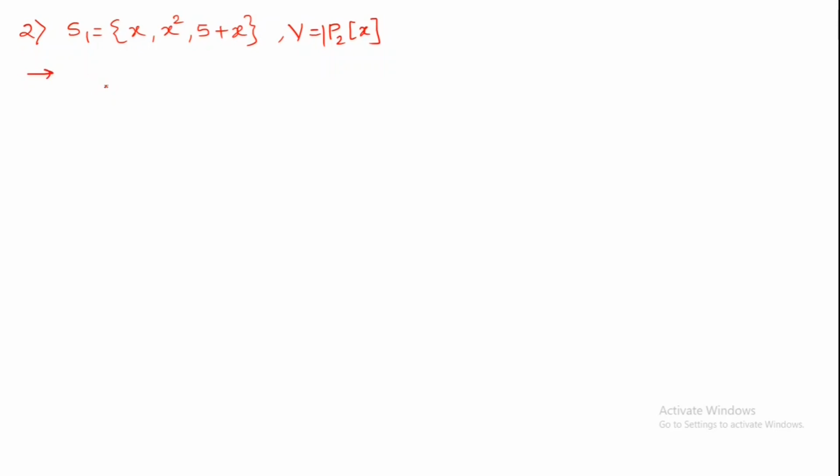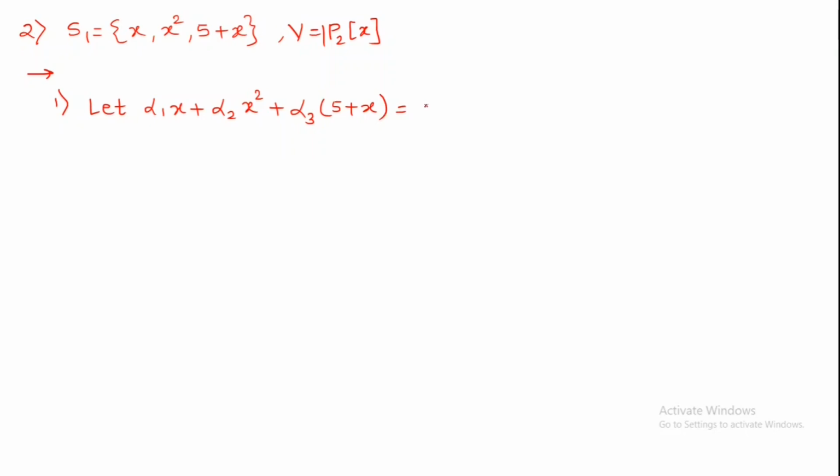Let us go for the first condition, that is linear independence. Let alpha 1 x plus alpha 2 x square plus alpha 3 (5 plus x) equal the zero of P2 of x.